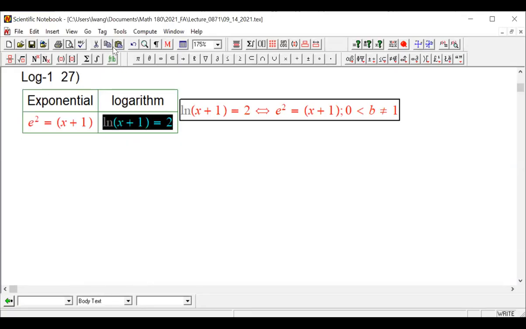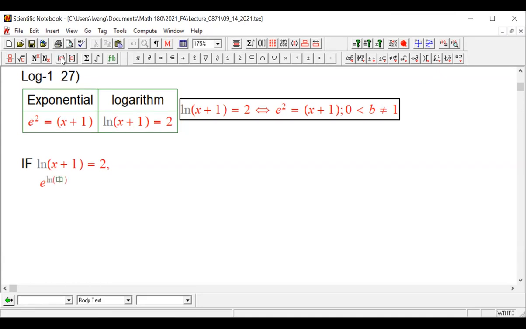Basically, this teacher, whoever taught you this, when you do this, you have created an if statement. You said, if this is true, then I'm going to take these two and e raised to the power ln x plus 1 equals e to the power of 2 squared.